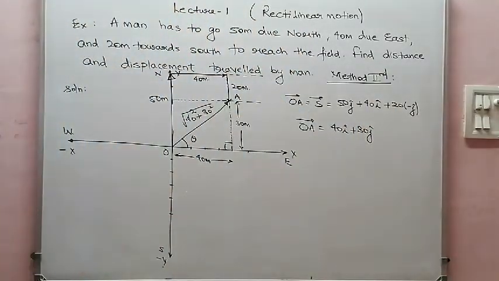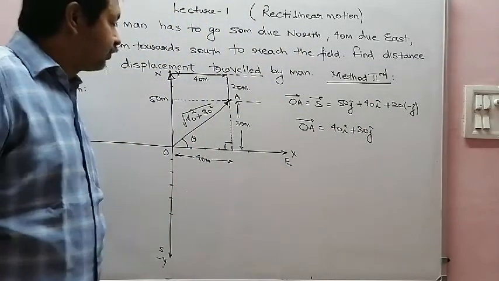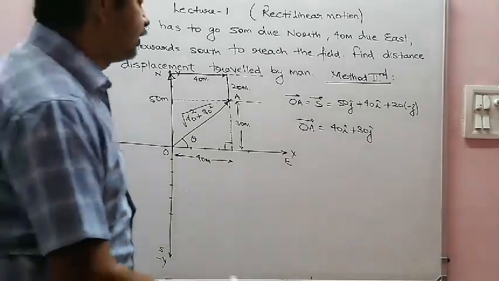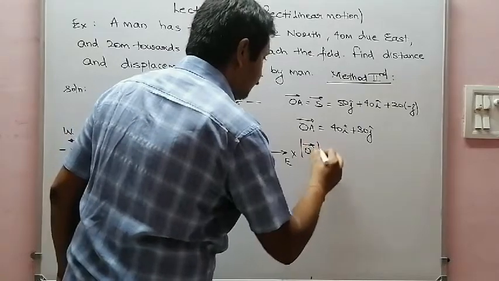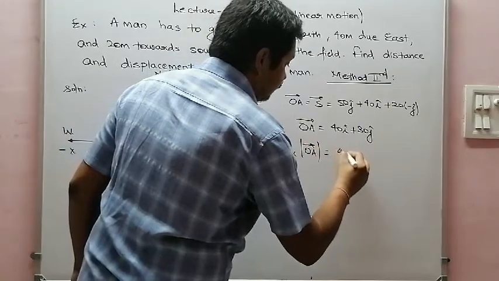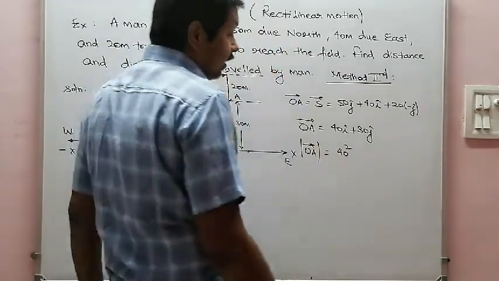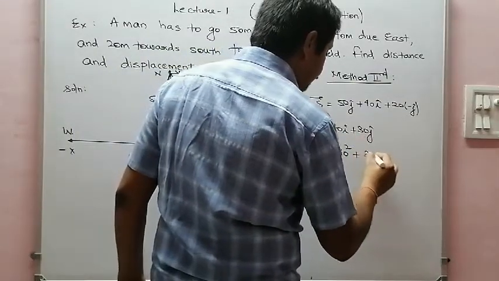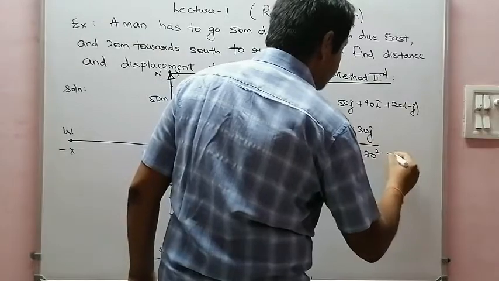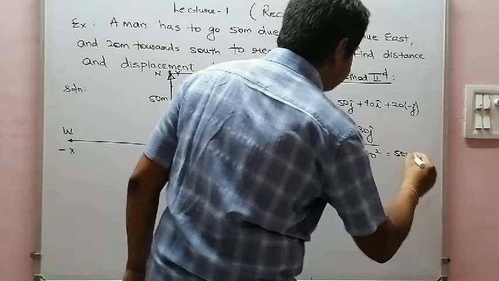Now we again plot this vector. To plot the vector, first find the magnitude of the displacement. So magnitude of vector OA is the square root of the square of the magnitude of i cap plus the square of the magnitude of j cap, that is 50 meter.